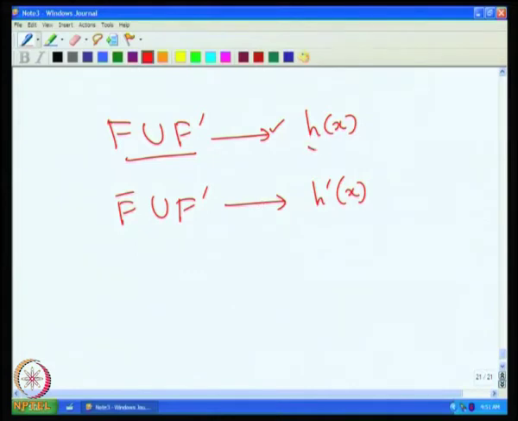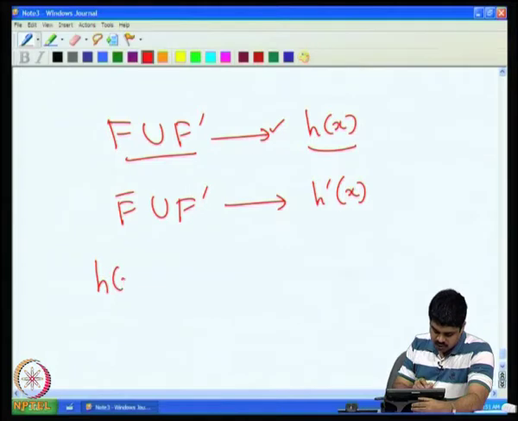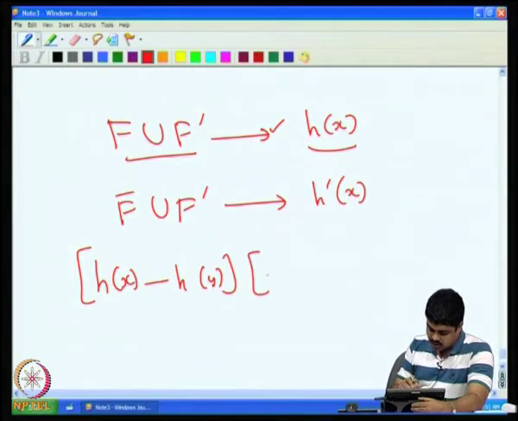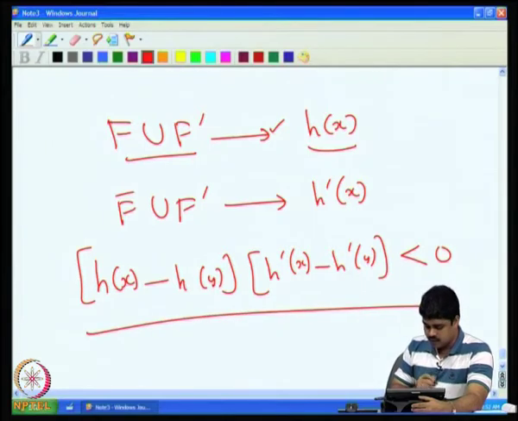The numbering was just that you counted the incoming edges for a vertex, and plus 1 was given as its number. That vertex was labeled with that number, that is h of x, and similarly h dash of x. And h of x and h dash of x will have the property that, for two vertices x and y, the product h of x minus h of y into h dash of x minus h dash of y is less than 0 if and only if x and y are adjacent.